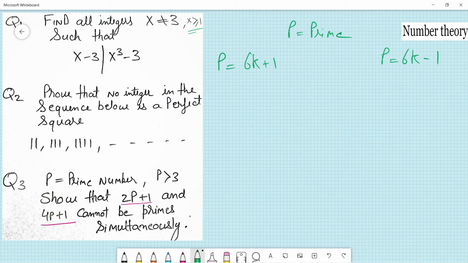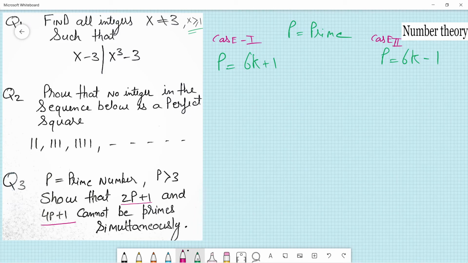These are two cases we have. Case 1, let's take p equal to 6k plus 1. In case 2, we are taking p to be 6k minus 1.